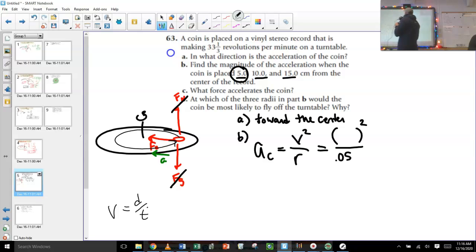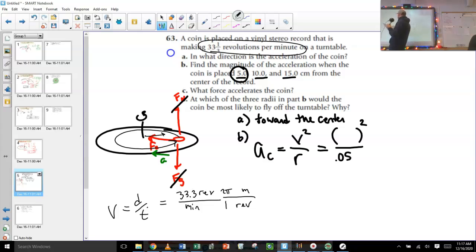You're going 33.3 revolutions per minute. So all I've got to do is change revolutions into meters, which I can. 1 revolution is equal to 2 pi r, the circumference, right?